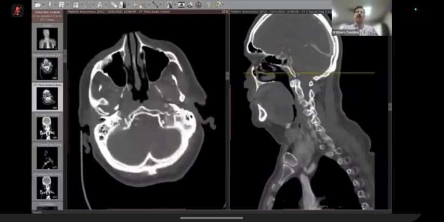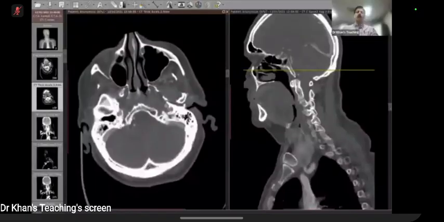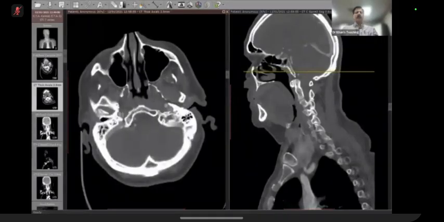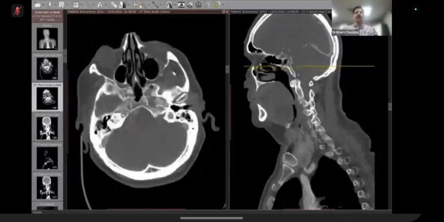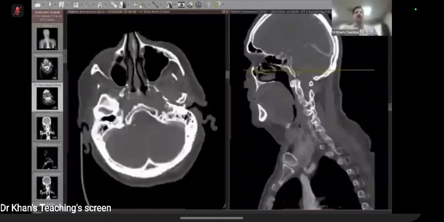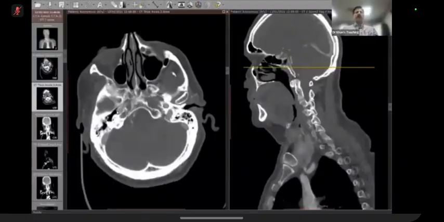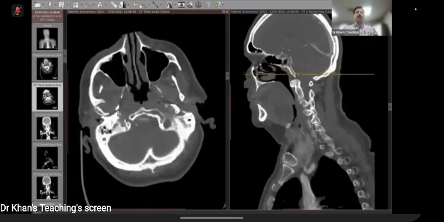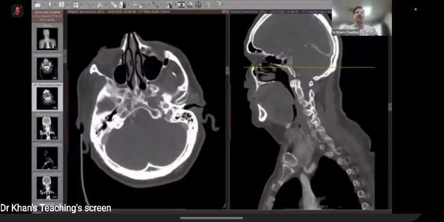Similarly, in a high riding jugular foramen, the internal jugular vein can project into the middle ear cavity. We call it a high riding dehiscent jugular foramen. But these are normal variants. Otherwise, normally, key point to remember, the jugular foramen will be the floor and the carotid canal will be the anterior wall of the middle ear cavity.